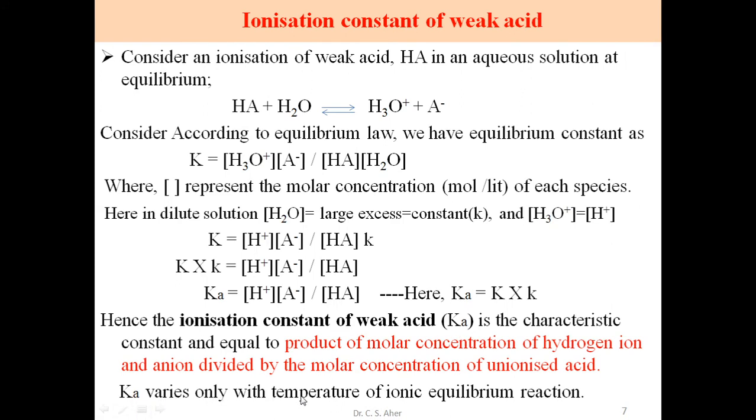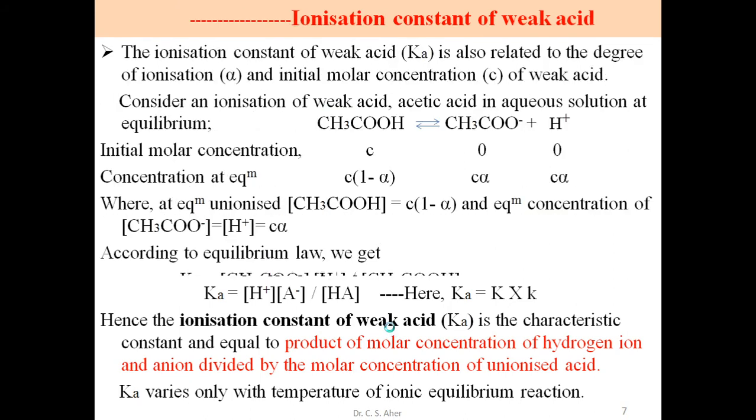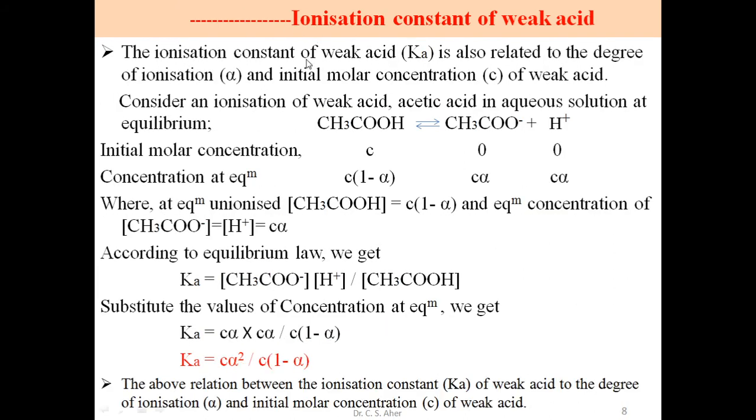Ka varies only with temperature of ionic equilibrium reaction. So it depends upon temperature. K is the equilibrium constant of weak acid. It is called the ionization constant of weak acid. So this ionization constant of weak acid Ka is also related to the degree of ionization alpha and initial molar concentration C of weak acid.